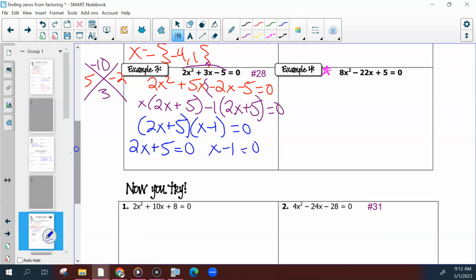So this one, the x minus 1, you don't need to show the work for this, but this one you do. So then what would your 2 zeros be?